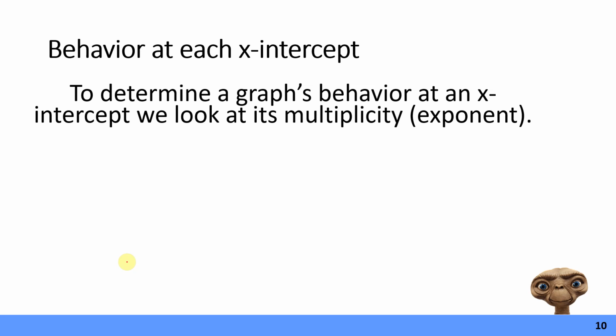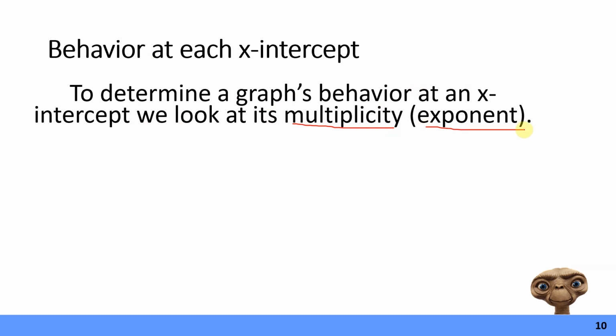What happens to the right? But when you have an x-intercept, you could actually determine if the graph is going to touch an x-intercept or cross it. And that's what we're going to be talking about here. So in order to determine a graph's behavior at an x-intercept, we're going to be looking at what we call a multiplicity. Multiplicity is just a fancy word for exponent.